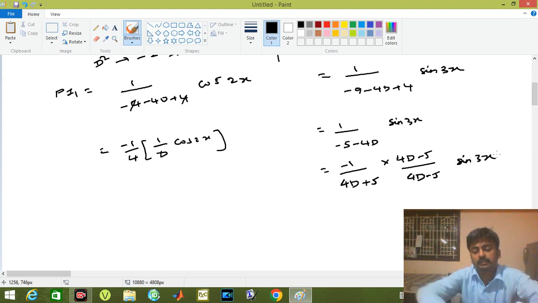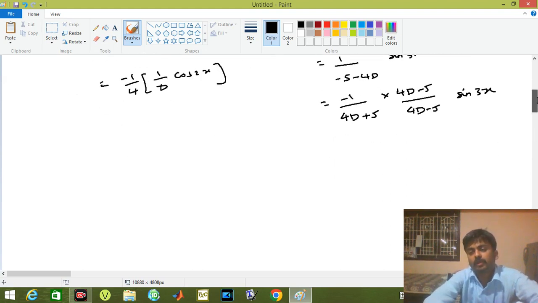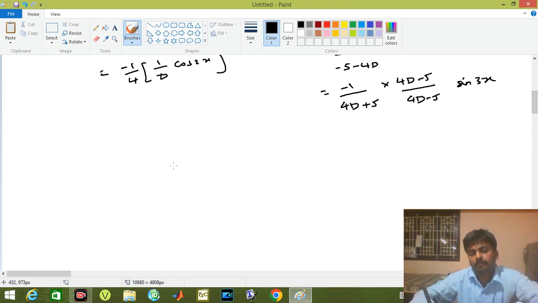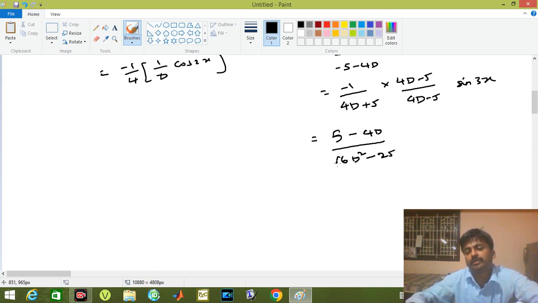So now you will have 5 minus 4d divided by 16d square minus 25. This is a plus b, a minus b, which will give you a square minus b square.